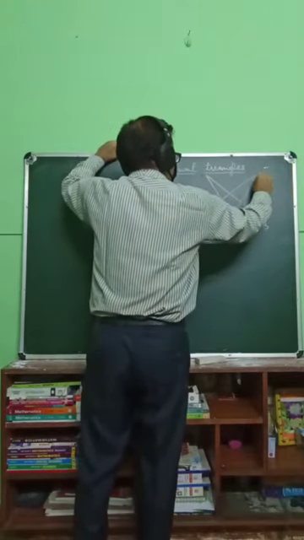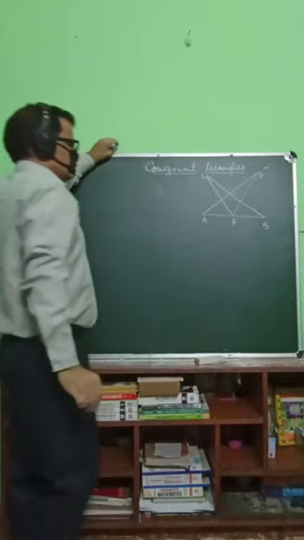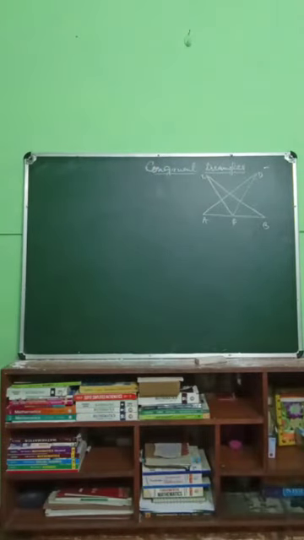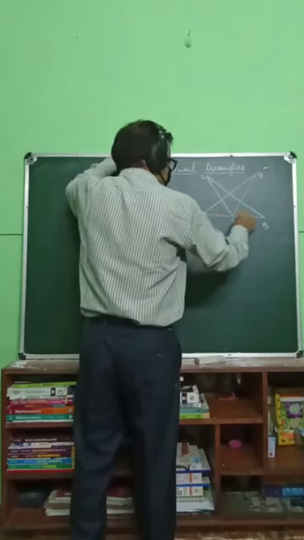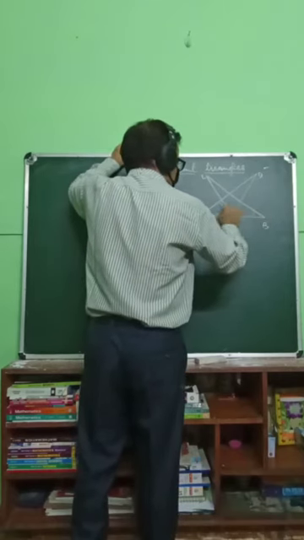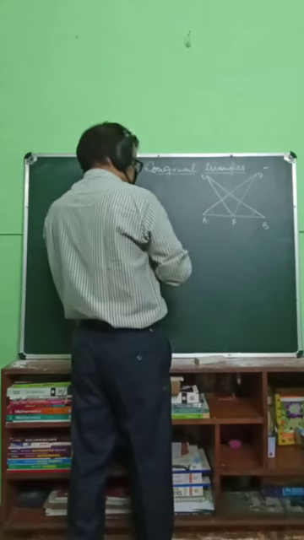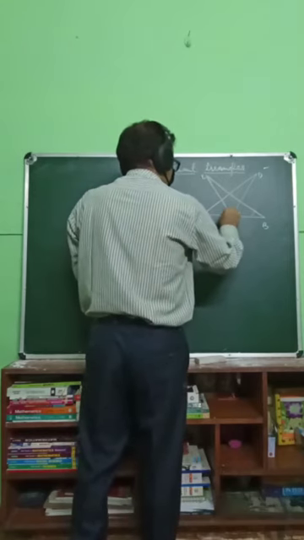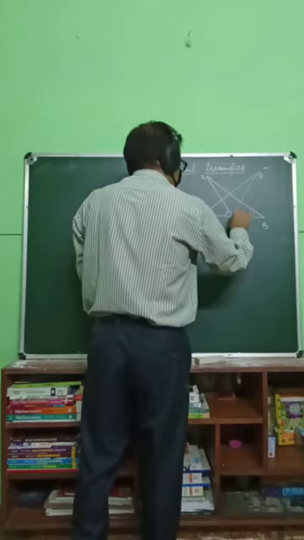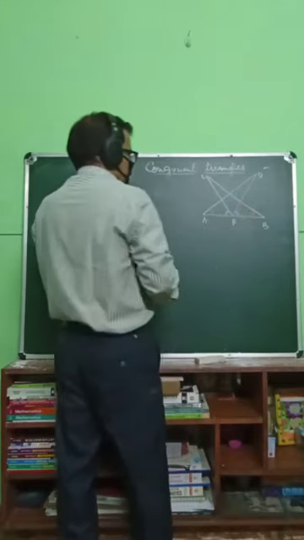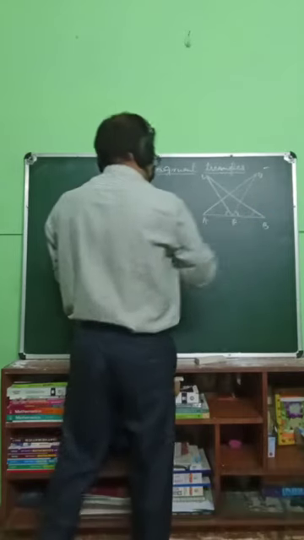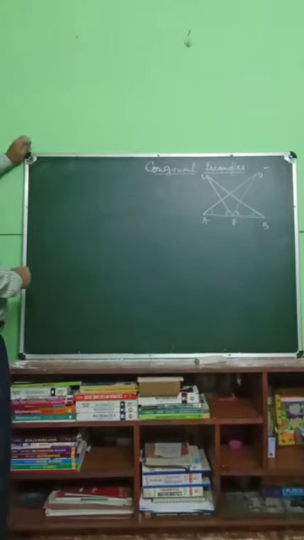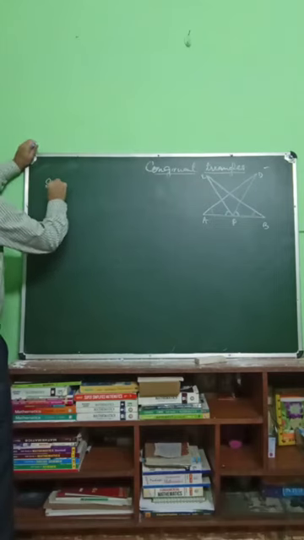This is D and this is E. These angles are given equal. Also we are given that angle APE and angle BPD are equal. We have to show that triangle APD is congruent to triangle BPE.